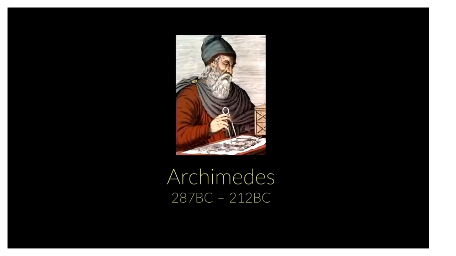The way that he did that was buoyancy, this basic principle of buoyancy. If you have an object that sinks, it is heavier by comparison to the water. If it's lighter, it's going to float. And if it's the same, it'll stay in the middle.